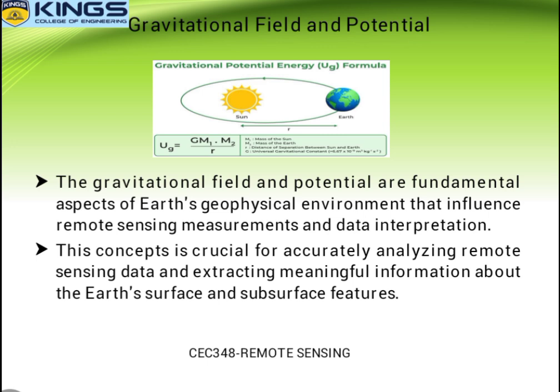Gravitational field and potential. On the diagram of gravitational field and potential energy, the first one is the circular form.